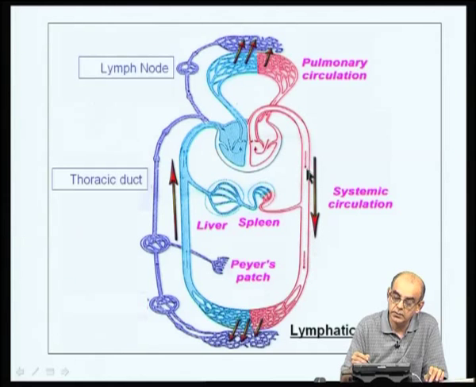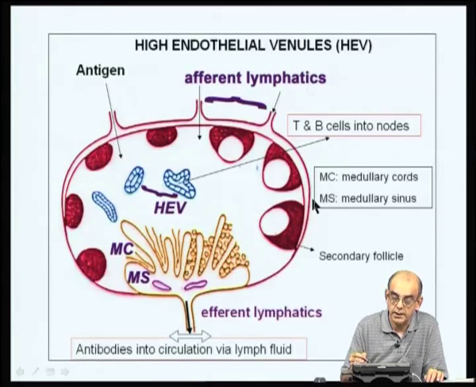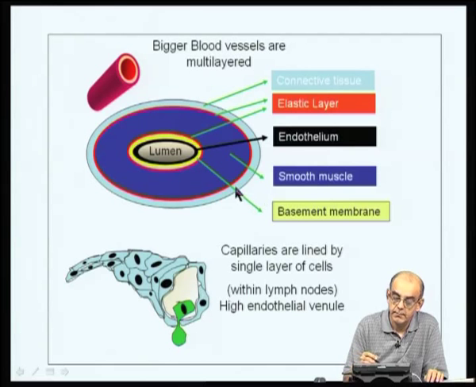The arterioles become thinner and thinner in size, and therefore the layers of tissue that make up the blood vessels become thinner and thinner, and finally, within the lymph node, these small capillaries become only a single or two cell layers thick.